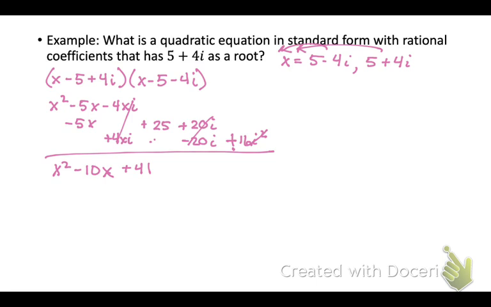Okay, what if it said 5 plus 4i and also 3 and negative 4? So you would have x minus 3 and x what? Plus 4.